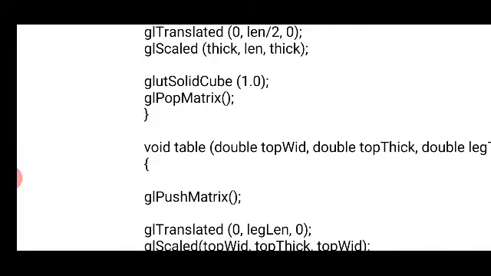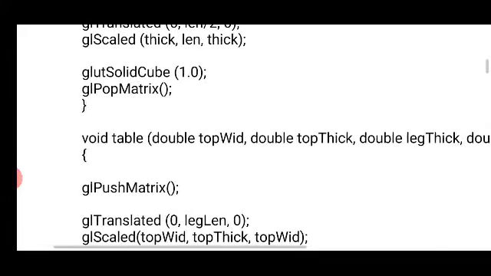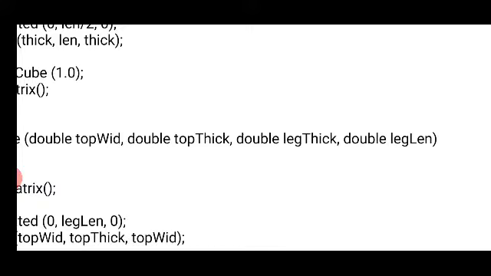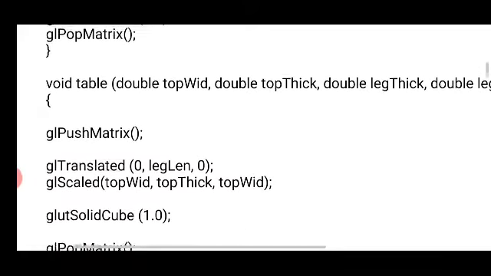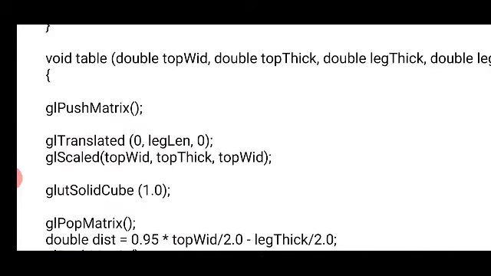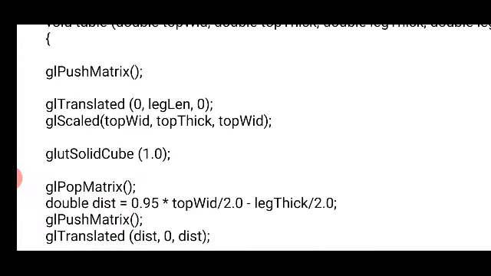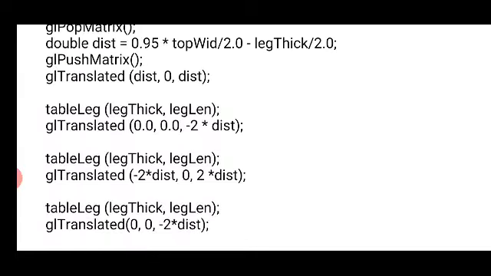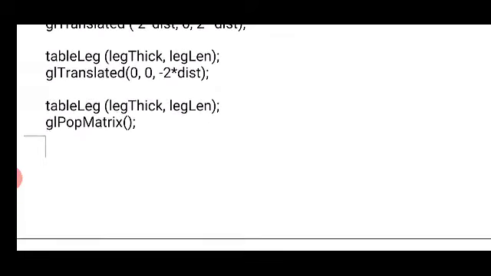Similarly for drawing table we have the table function which takes four different parameters: the table top width, table top thickness, table leg thickness and table leg length. Again here we are going to use the glutSolidCube function to draw the top side of the table.